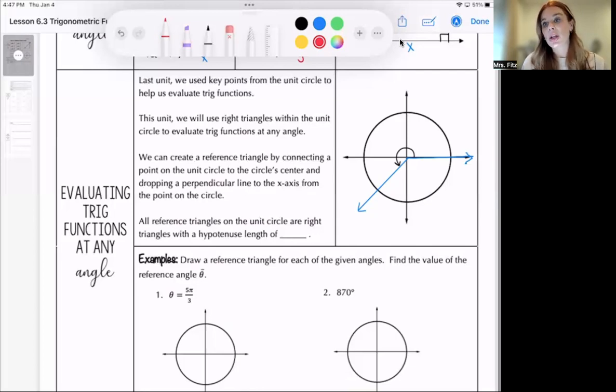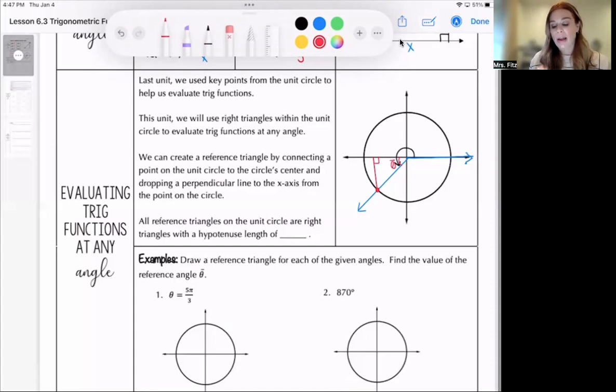So what you can do is take this point where the terminal side of your angle intersects the circle, and drop a perpendicular line to the x-axis. And what that forms is a little right triangle with this reference angle theta. And the way that we write a reference angle is theta with a little line over it. It looks like a little hat.